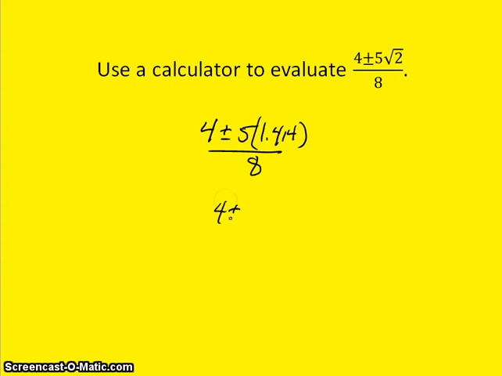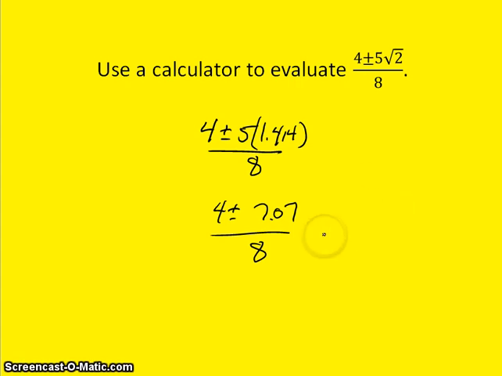So 4 plus or minus 5 times 1.414 is 7.07. Now it's plus or minus, so I need to add and subtract. So I'm going to do 4 plus 7.07, which is 11.07, and then divide that number by 8.